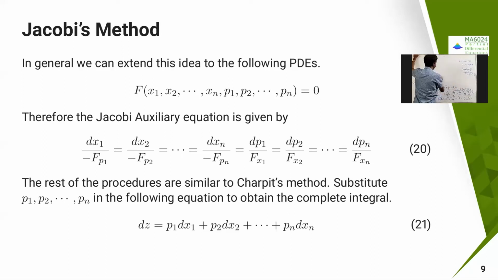So in the n-dimensional case, suppose my problem is f of x1, x2, etc., xn, p1, p2, etc., pn. In that case, a similar kind of equation is going to come.